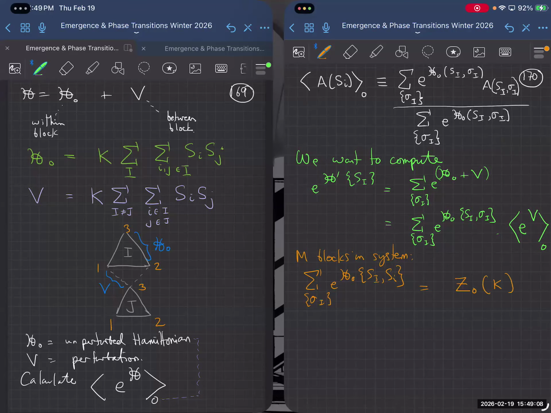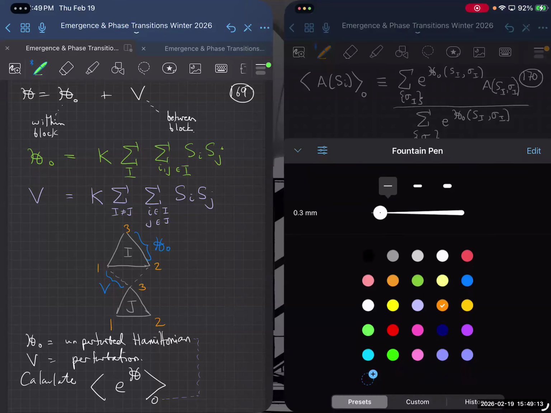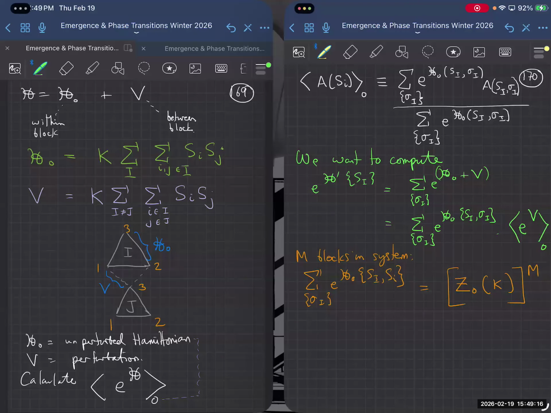I'll call that Z naught of k raised to the m-th power, because we're perturbing in the interaction between the blocks. So when the blocks are not interacting, I've got a block here, a block here, a block here. I've got m blocks, and so I have the partition function of one block, and then it's raised to the m-th power.